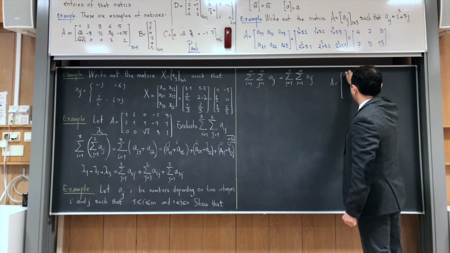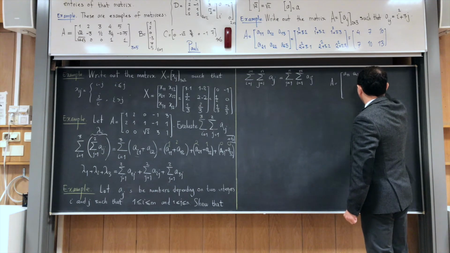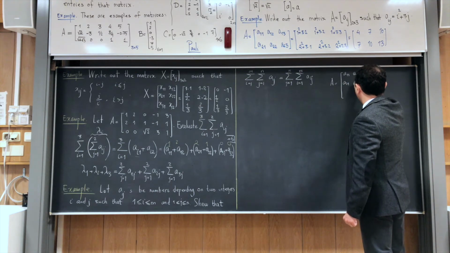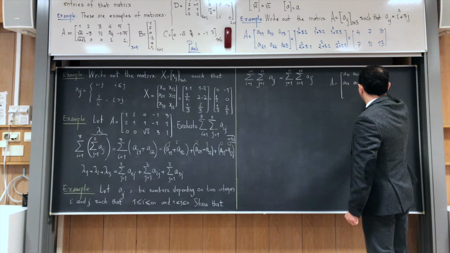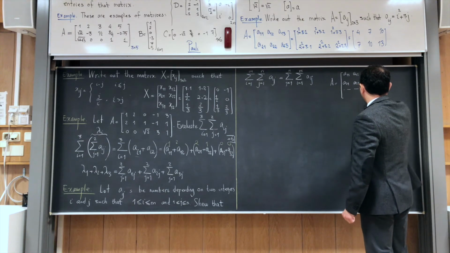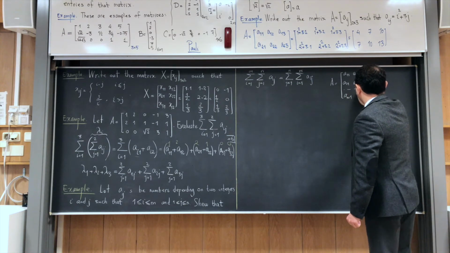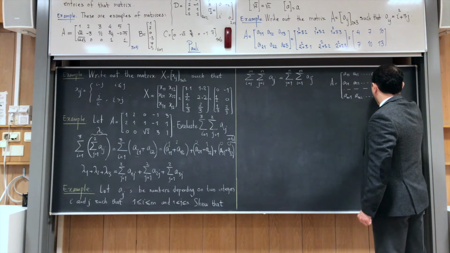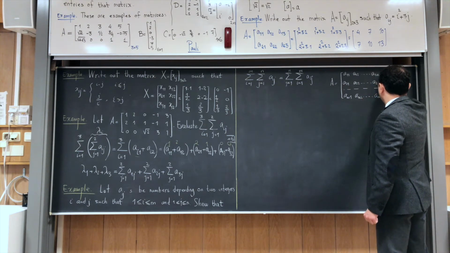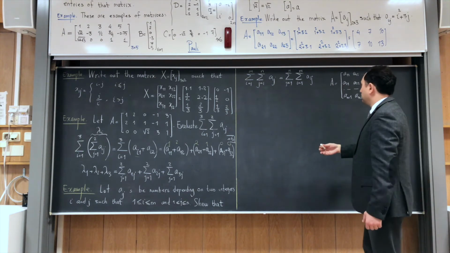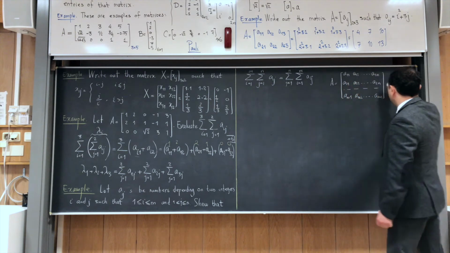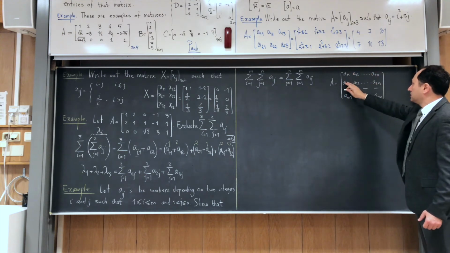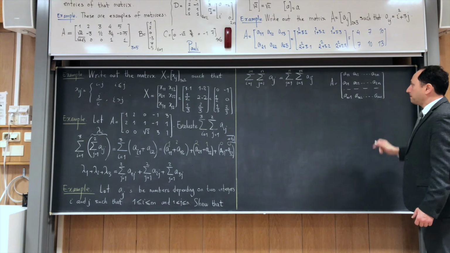It becomes a11, a12, up to a1n, then the next one a21, a22, up to a2n, and finally am1, am2, up to amn. I gave you mn numbers because the number of entries here is mn.